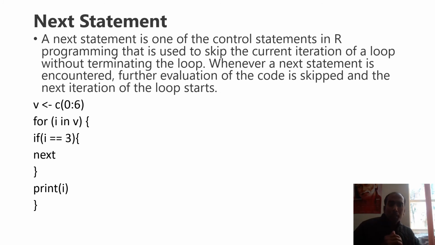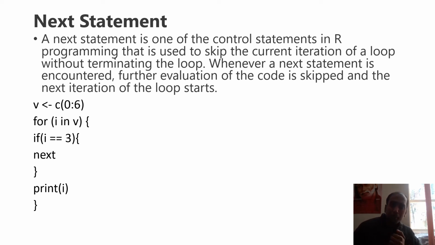Now what about the next statement? A next statement is one of the control statements in R programming that is used to skip the current iteration of a loop. That's why I told you this is very similar to the continue statement of Python programming. What was the actual work of the continue statement in Python? The same work is performed by the next statement in R programming also.